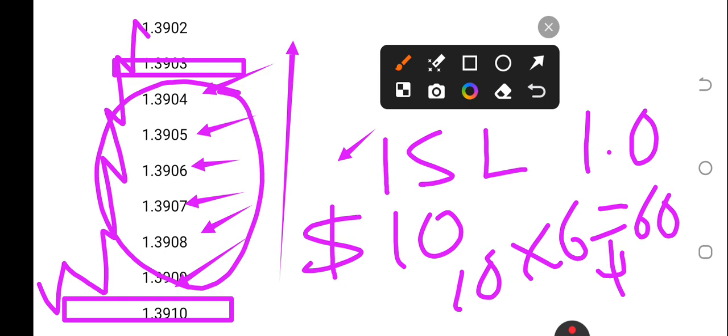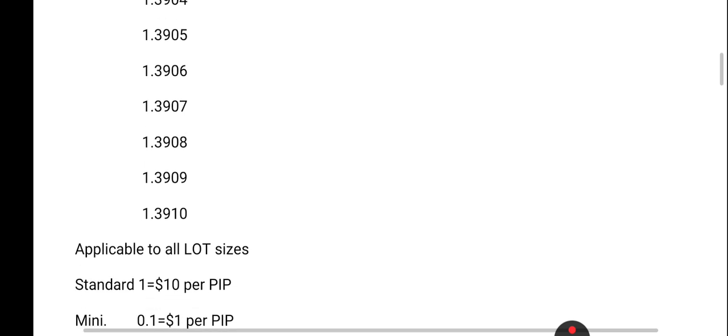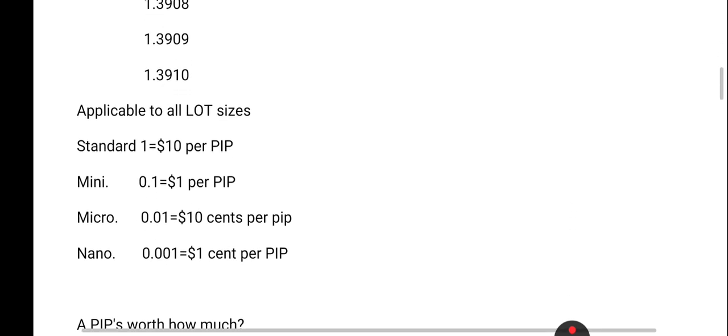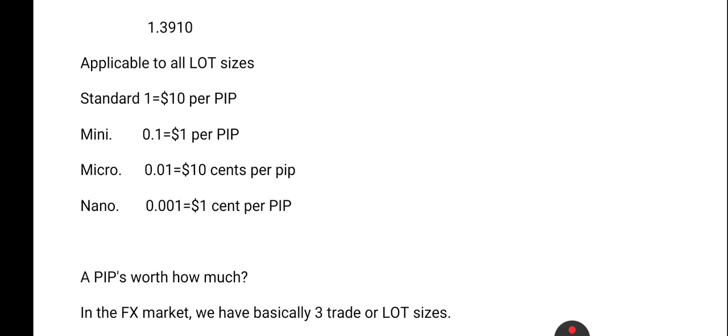Now this is applicable to all lot sizes. Standard lot, just like I have explained, is $10 per pip.